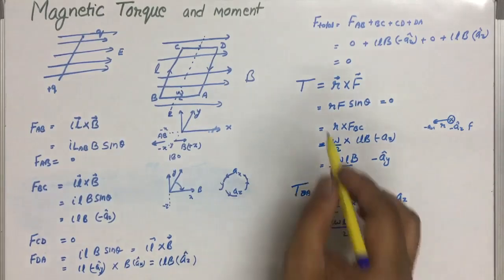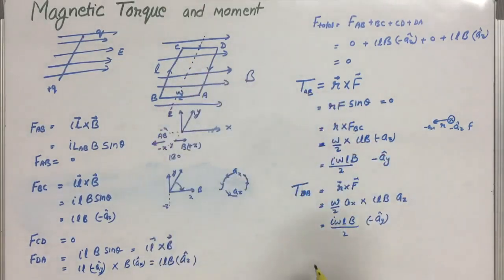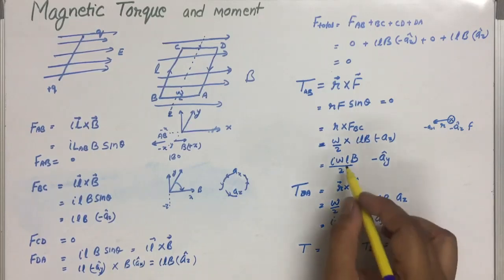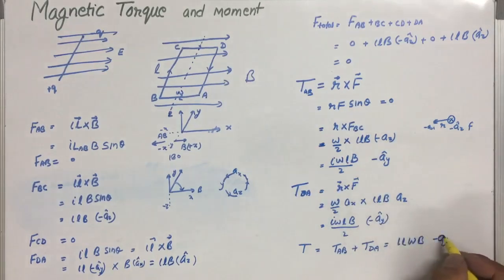So if we try to find the total torque acting on this, the torque will be the sum of these two, TBC plus TDA, since the remaining two are 0. So we are considering only these two. It will be ILWB, by 2 will be full, and it will be in the direction of AY.